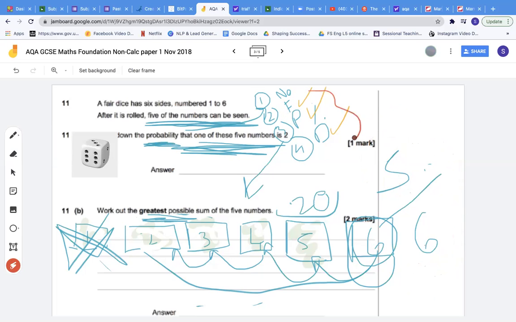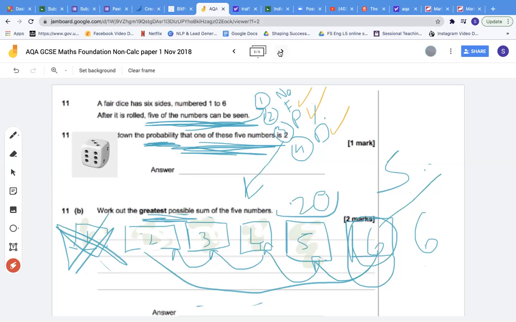Remember, we said all 3 are acceptable ways of expressing probability. But there may well be certain questions in your GCSE where they specifically say you must express the probability as a decimal or as a fraction or as a percentage. Okay? Marvelous. Well done.